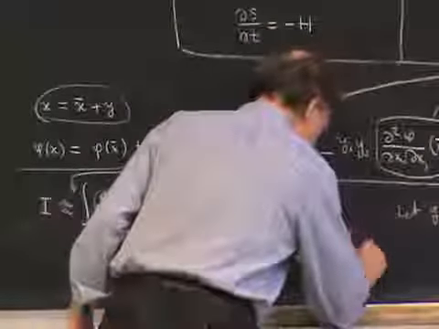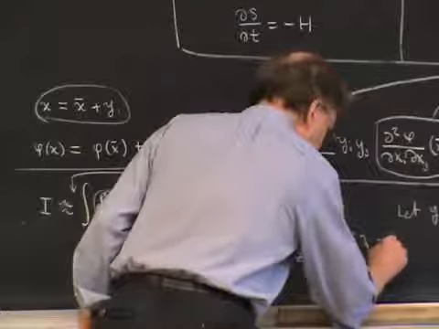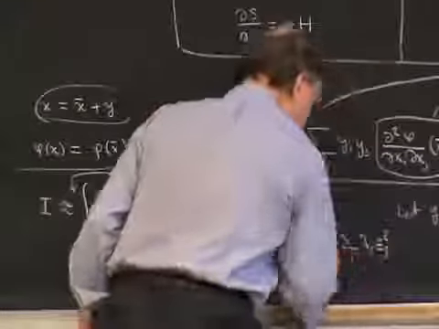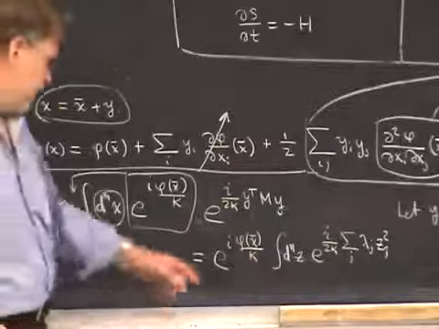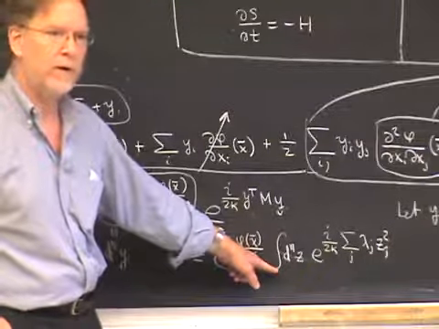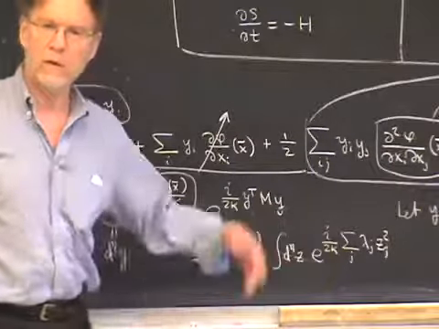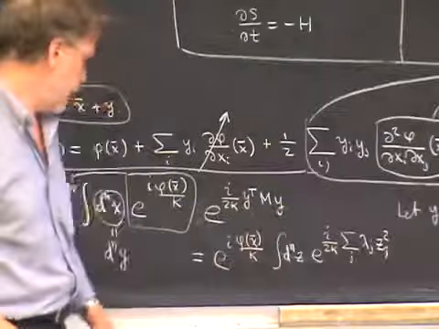We can write it this way. It's the sum on j of the eigenvalues, call them lambda j, times z sub j squared. And now the point of this is that this resulting integral in z now factorizes into a bunch of one-dimensional Gaussian integrals, and in effect reduces this multi-dimensional case down to the one-dimensional case.